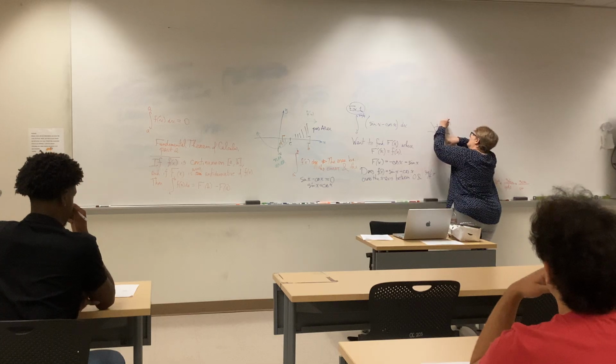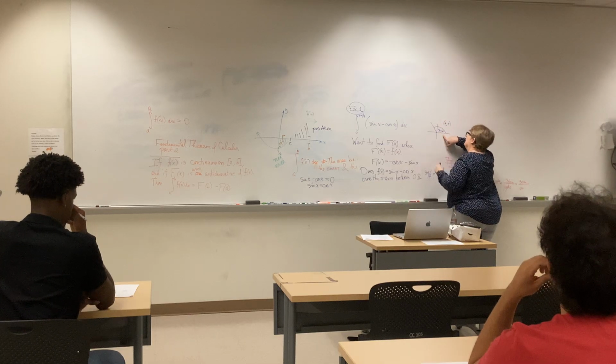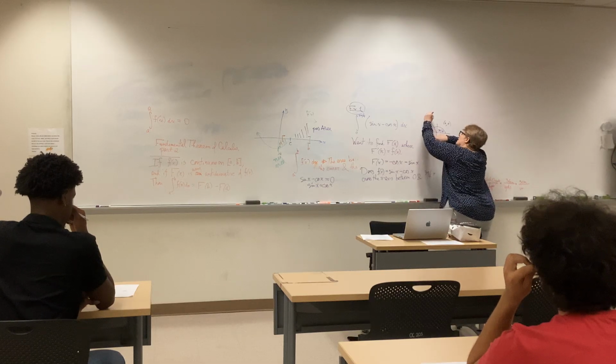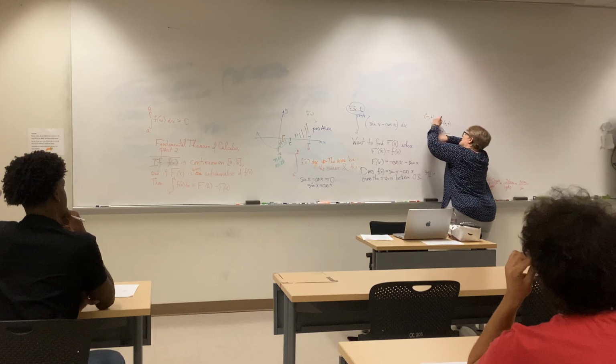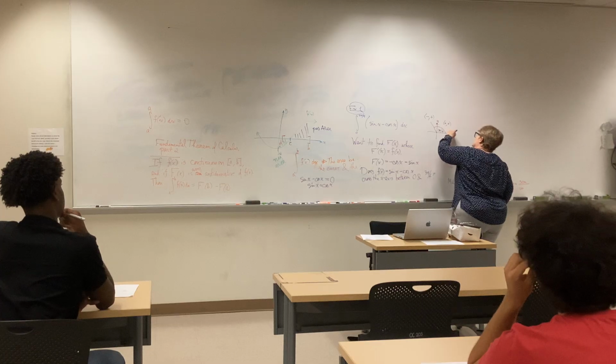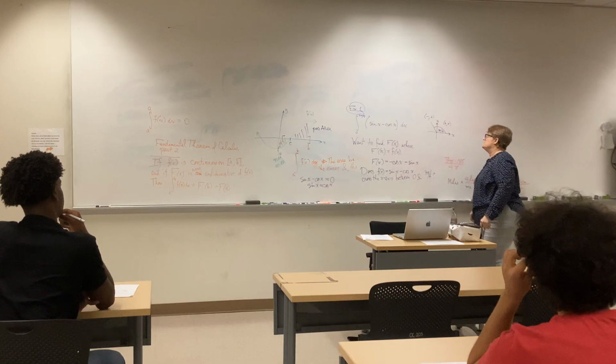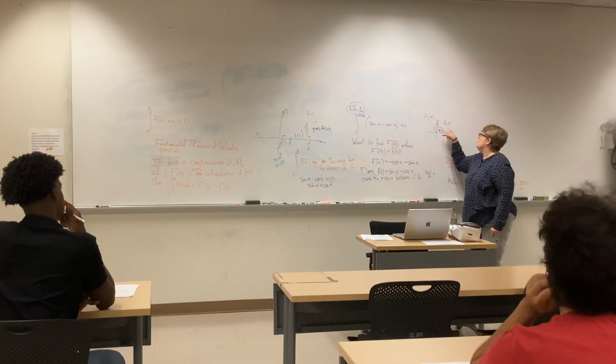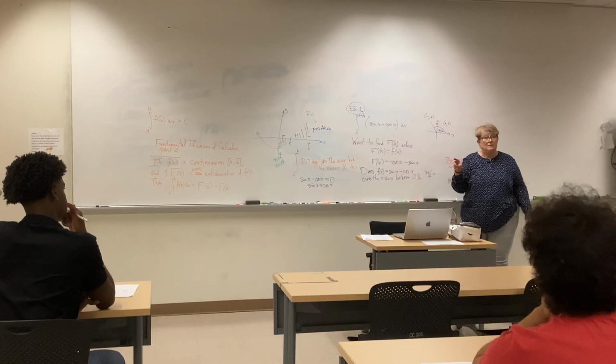Good. And in the second quadrant, what are the signs? Negative, positive. Okay, good. So if we need these two functions to be the same, we must look in the first quadrant.